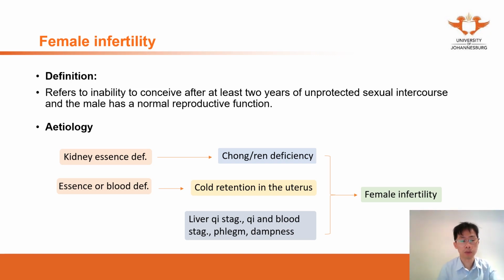This book was written about the 11th century BC, about 3,100 years ago. In that text, female infertility refers to a female who cannot conceive after 3 years.